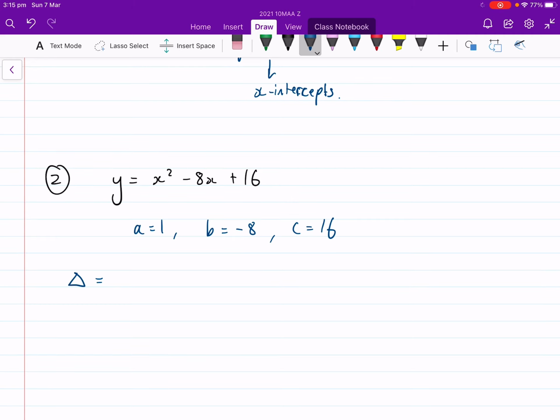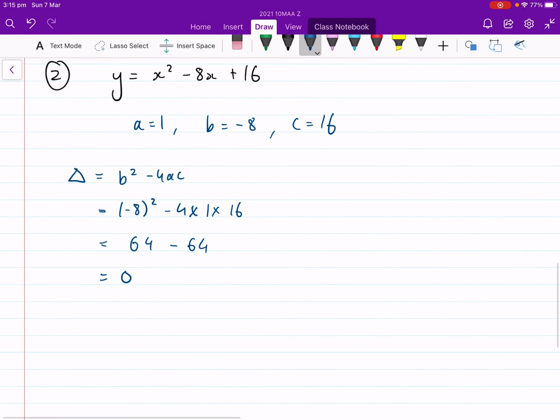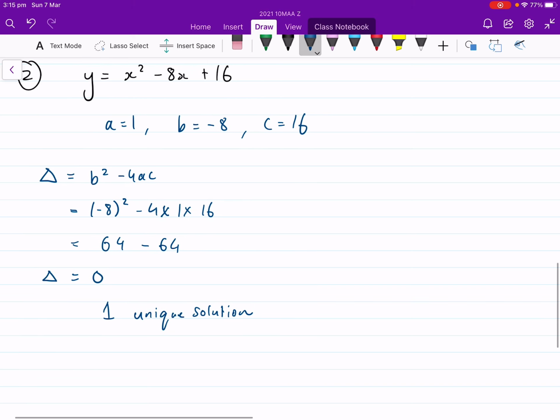I sub in the values from my equation, so I have negative 8 all squared minus 4 times 1 for a times 16. So that would be 64 minus 64, and we get exactly 0. So in this case, I would actually get two solutions, but only one unique solution. Okay, so this means that I'd get one x-intercept.